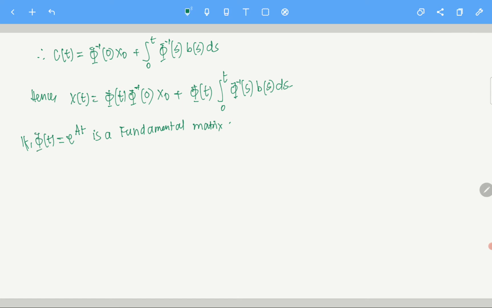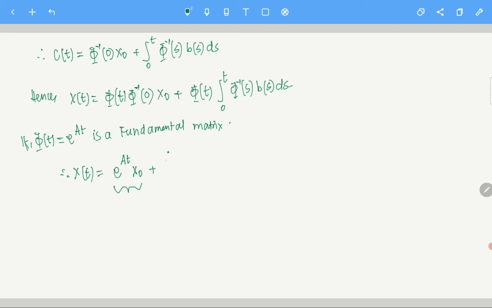Okay, that's a fundamental matrix. So if I just replace it, what do we have? Therefore, any solution x of t will look like exponential At times exponential 0, which is identity, times x naught. So basically this is exponential At times x naught. Okay, so this is the solution corresponding to the homogeneous problem.